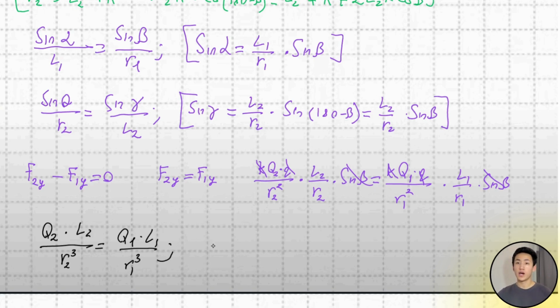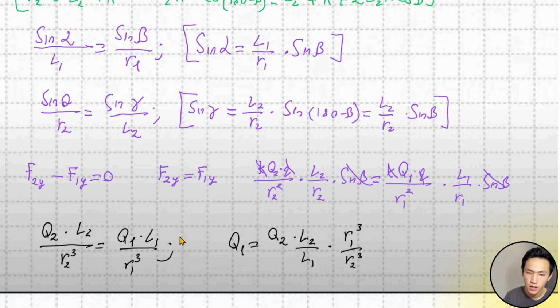So we need to find big Q1. We can find it this way: L2 over L1, and R1 cubed over R2 cubed. Do you agree with me?